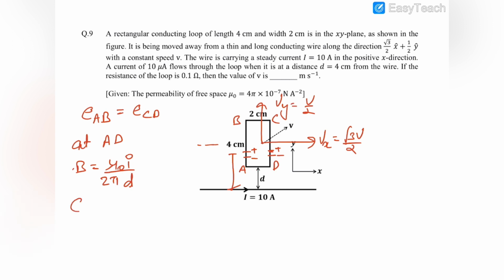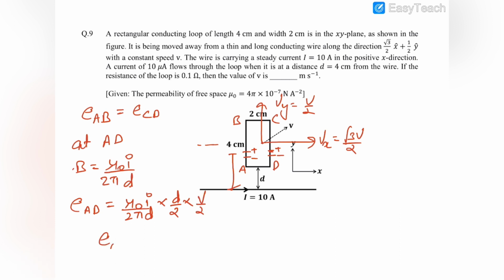So the EMF induced in AD will be equal to mu naught I by 2 pi D. This is magnetic field B. Length is D by 2, and the velocity is V by 2.